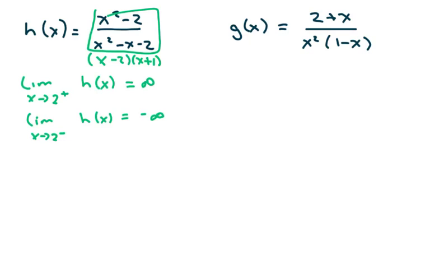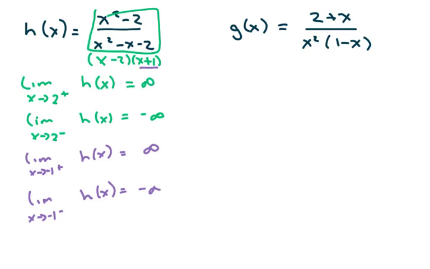So 2 is a vertical asymptote, and we also have to check negative 1. The limit as x approaches negative 1 from the right equals infinity, and the limit as x approaches negative 1 from the left equals negative infinity.